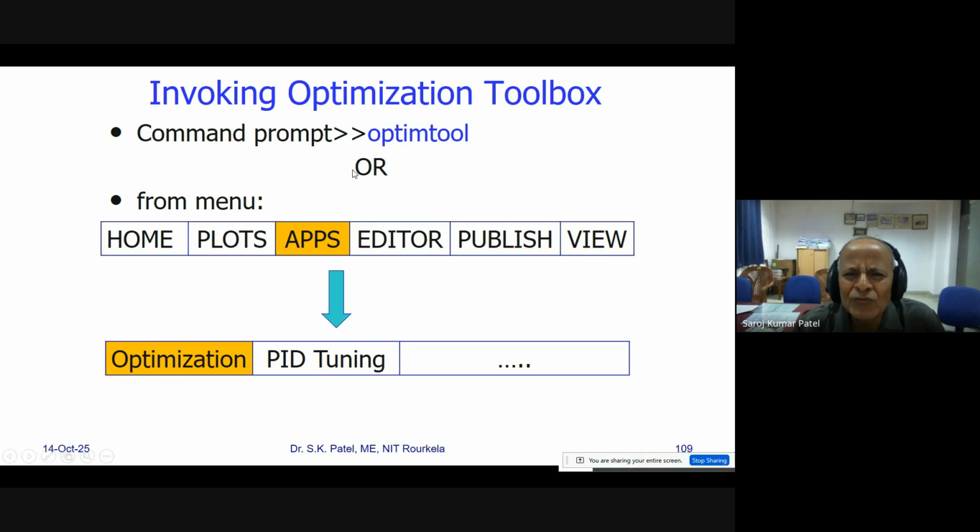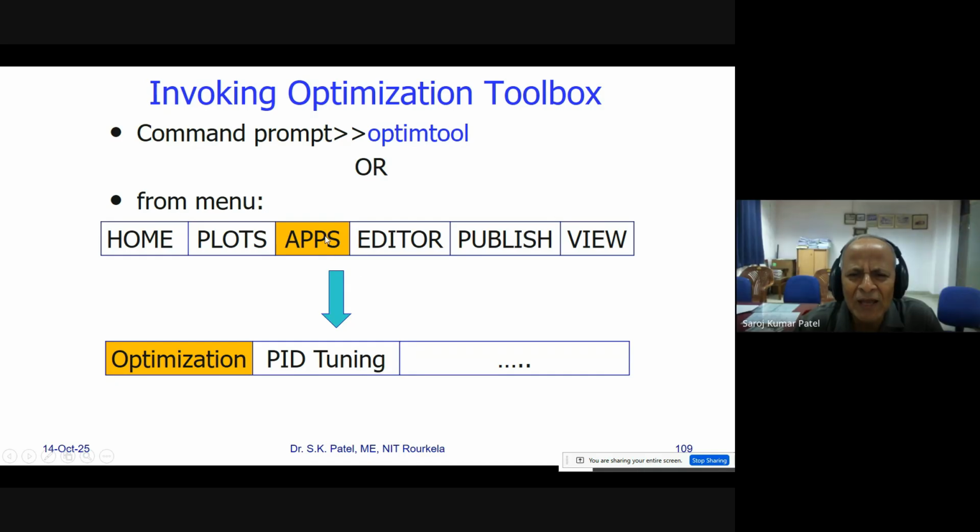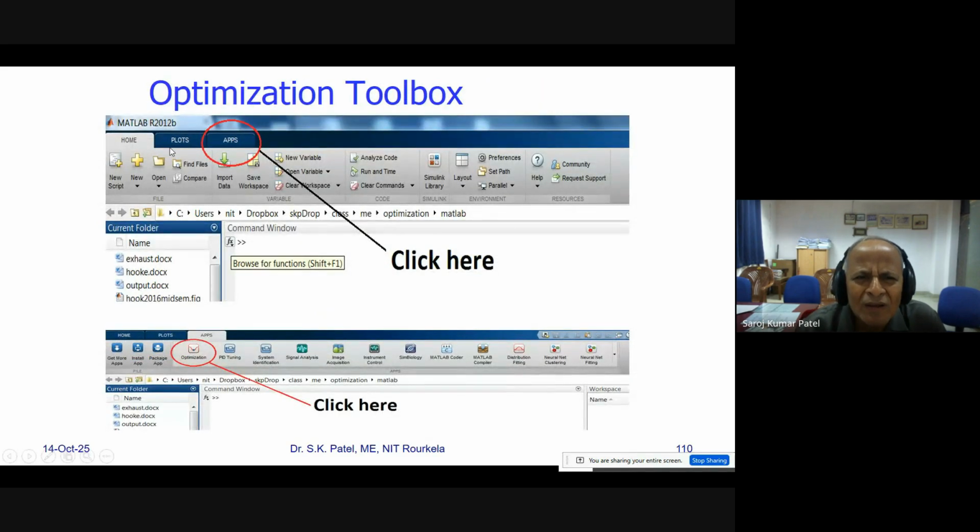Or you can also invoke the optimization toolbox by writing a command called optimtool. Or in the menu, you first click Apps, then click Optimization. See here, in the top there is the Apps button. First click Apps, then this will pop up.